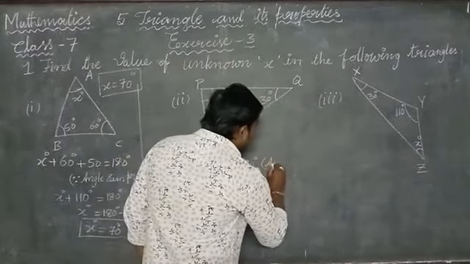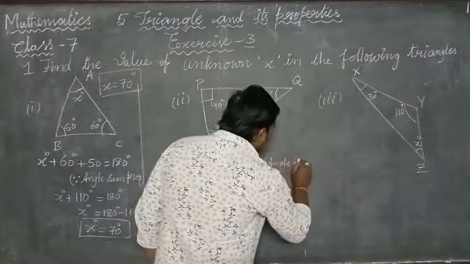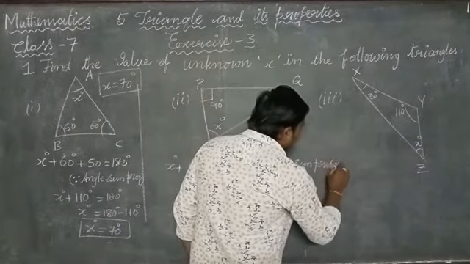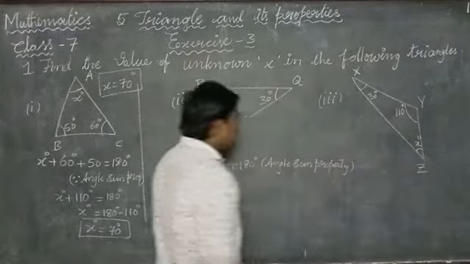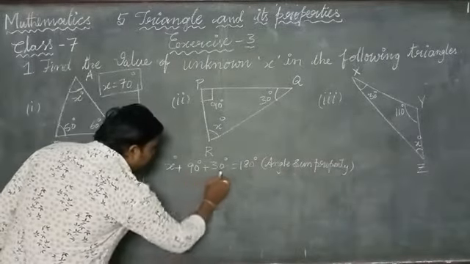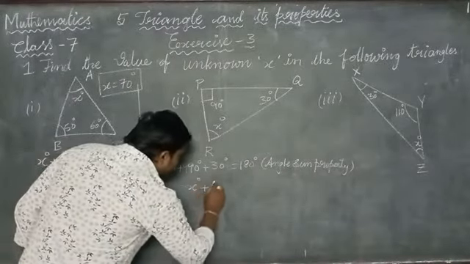Here it is from angle sum property of triangle. Okay, 90 plus 30, 120 degrees.